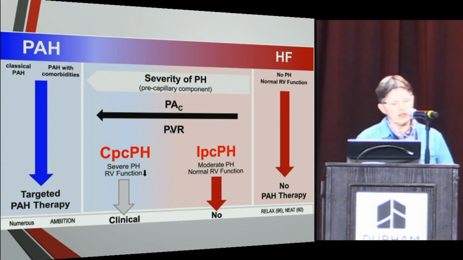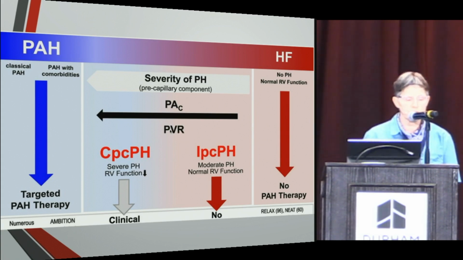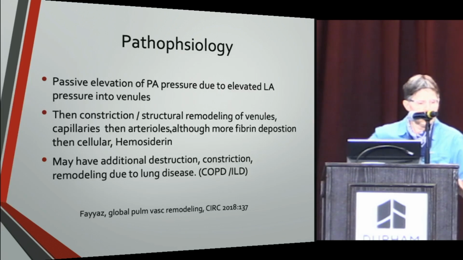You can think of it as a continuum, but I don't know if it's really a continuum. So left heart failure is a huge group of people, some of whom are going to then get this just isolated pH. Some of them are going to get this combined pH, versus just our pure pH people.